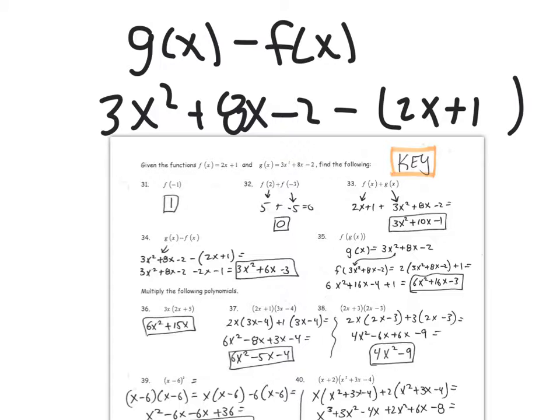Well, if we do that, this becomes plus, that's a minus, and that's a minus. So we still have just the one squared term, and we've got an 8x minus a 2x, which is a positive 6x, minus 2 minus 1 is a negative 3.